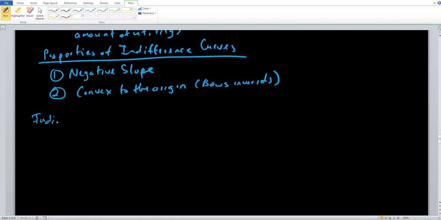The indifference map is just an infinite amount of these indifference curves all plotted on one Cartesian plane.